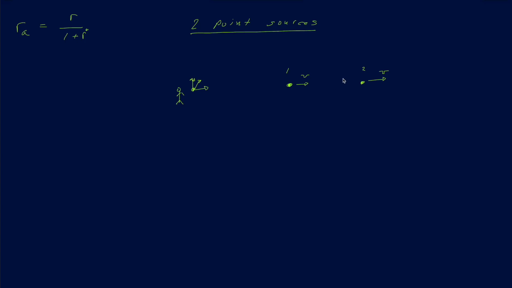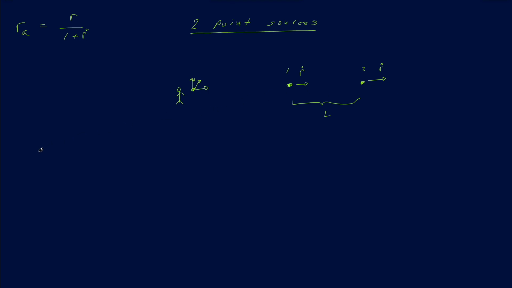And actually, sorry, that's wrong. My apologies. We want that to say r dot. And similarly here, this is r dot. Okay. And the distance between them, let's say from here to here, is L. And that's the system that we want to look at.